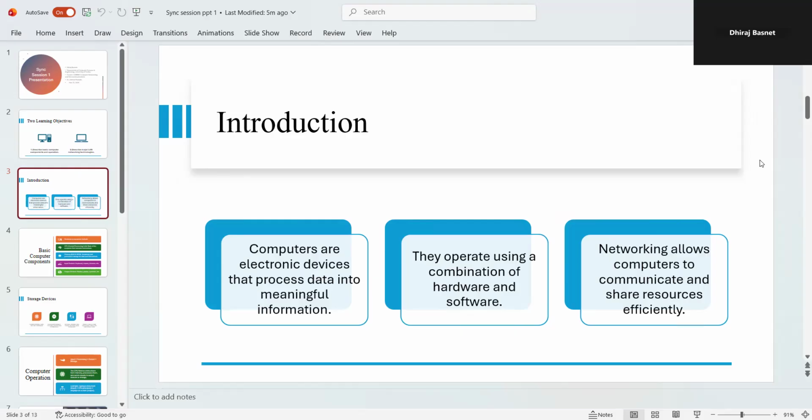Networking allows computers to communicate with each other, share resources such as files and printers, and access the internet efficiently. LANs are especially important in offices and schools where multiple computers need to be connected within a limited area.